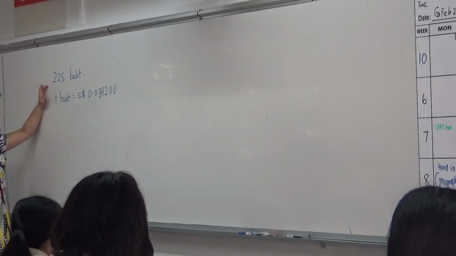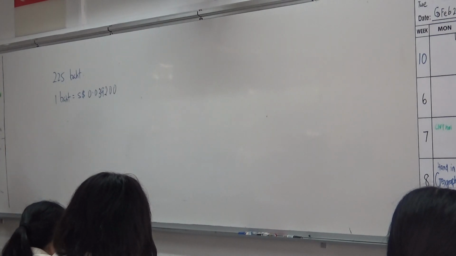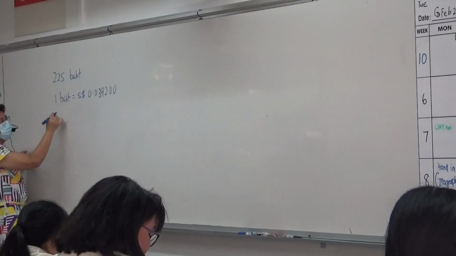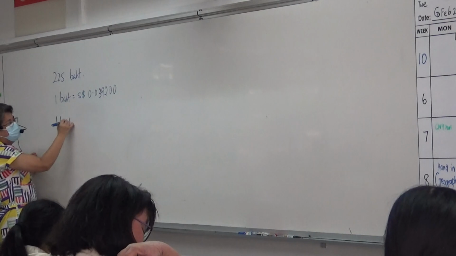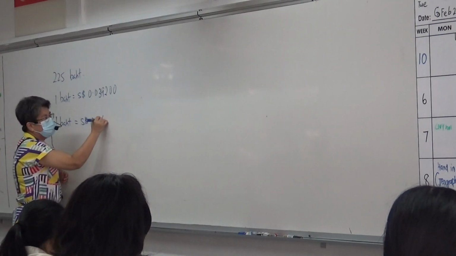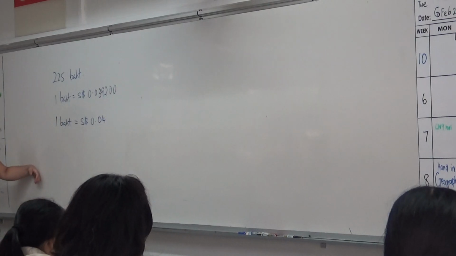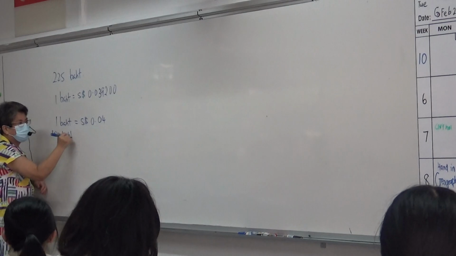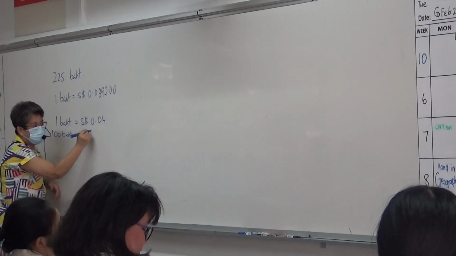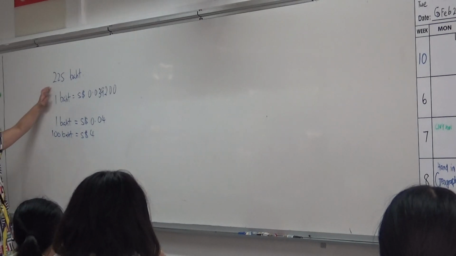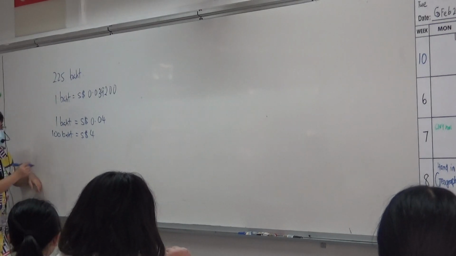Now 225 baht, the wallet. Now 1 baht is like that. So do you agree that 1 baht is approximately 0.04 around that? So what about 100 baht? $4, right? Roughly in your mind. Now do you agree that this is 200 baht?